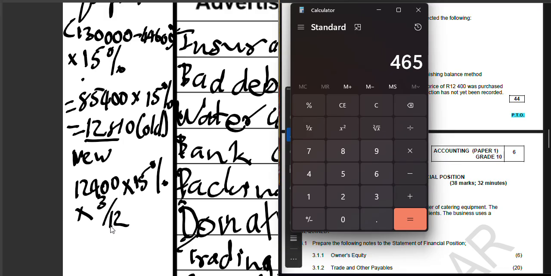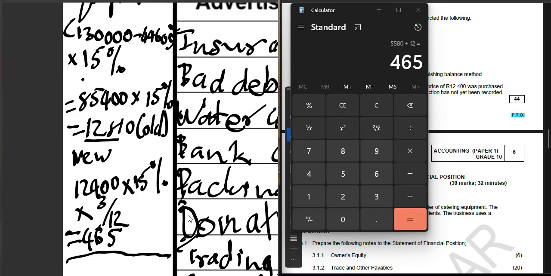You'll see it's going to be the same answer, 465. So we're going to say 12,400 multiplied by 15 over 100, which is 1,860, same answer. And then this amount will simply be multiplied by the number of months, which is 3 over 12 months, which is going to be 465. So ladies and gentlemen, the answer here we have is 465. So we are done calculating all depreciations.